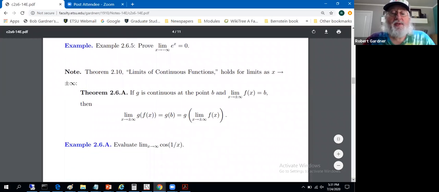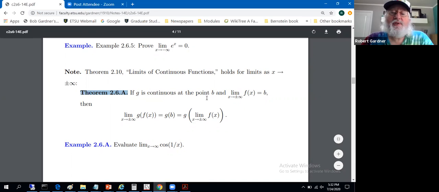Some other things that carry over from the past is Theorem 2.10. You can take limits inside continuous functions. That also holds for x approaching plus or minus infinity in the following sense. Let me call this Theorem 2.6.a. The book doesn't explicitly state it. They mention this in passing, and here's what they mean.